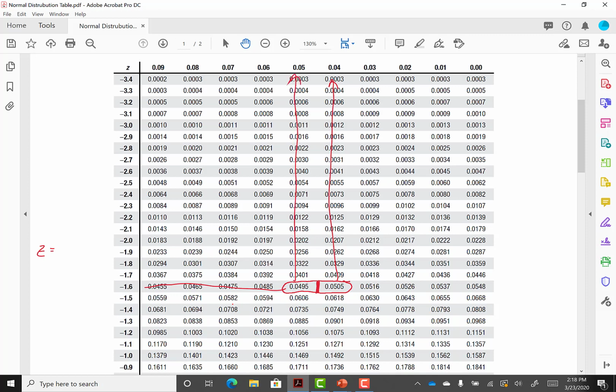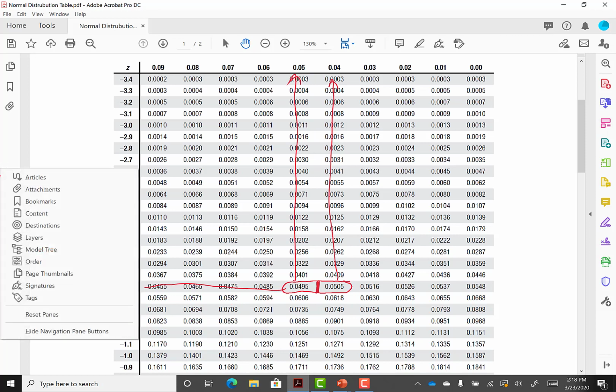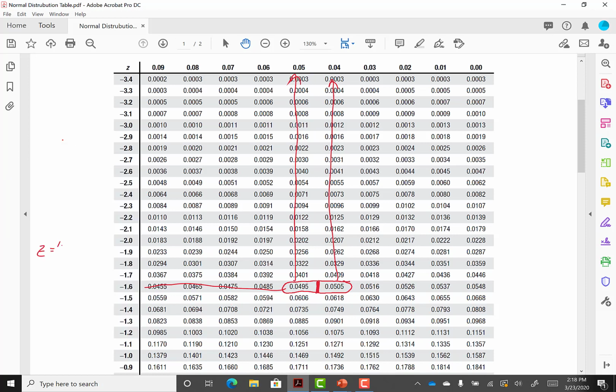So then our actual z-score has to be in the middle of that. So we just do the same thing we would do to find the median if we had two values in the middle. So in this case, we just add up 1.64 and 1.65 and divide by 2. So we get a z-score then of negative 1.645.